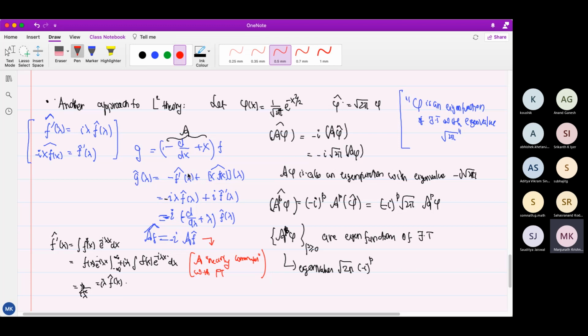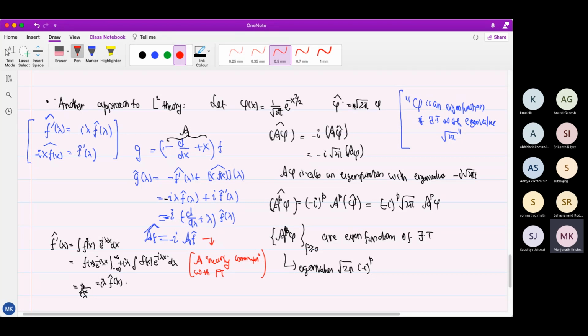Okay. So because of that, if you keep applying it to phi, the Fourier transform of A phi is minus I times A phi hat, but phi hat is a multiple of phi, so it is square root 2 pi times A phi. Originally phi was an eigenfunction of the Fourier transform with eigenvalue square root 2 pi. I am using eigenvalue and eigenfunction just in a purely formal sense. If you want to make those things precise, you have to bring in spectral theory and other things, which we don't need to.